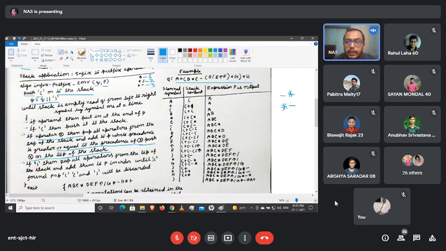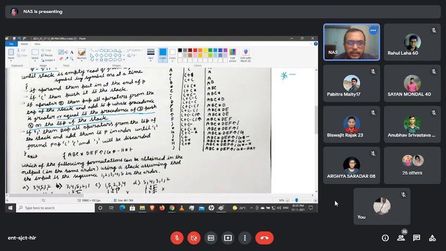Then the closing bracket will be discarded. Whenever the last closing bracket comes, the two combine and it tells that the total work has been done. Okay, simple algorithm, nothing there.